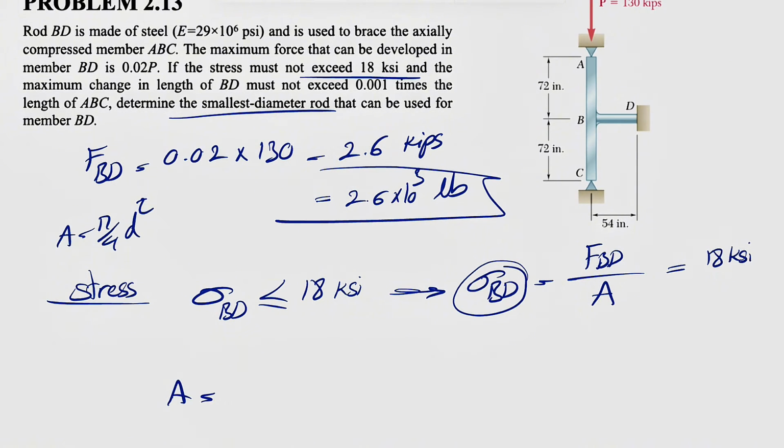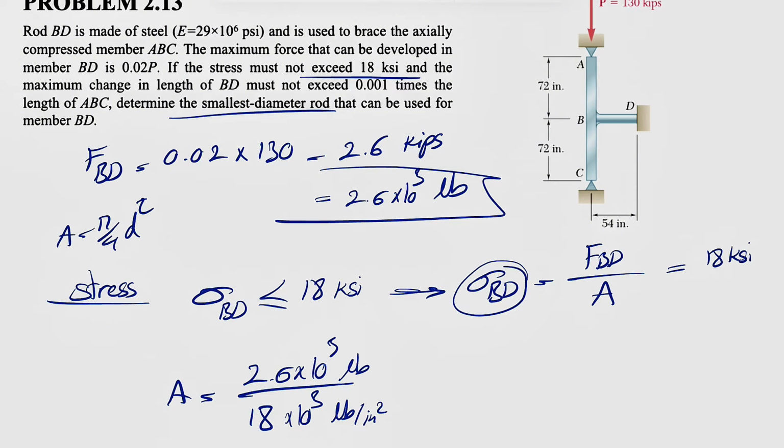So we can find the area pretty easily here. It will be the force in BD, 2.6 times 10 to the 3, divided by the stress. The stress is also in ksi units, but since I wrote the force in pounds, I'm going to do the same for stress, so pounds per inch squared, or psi.